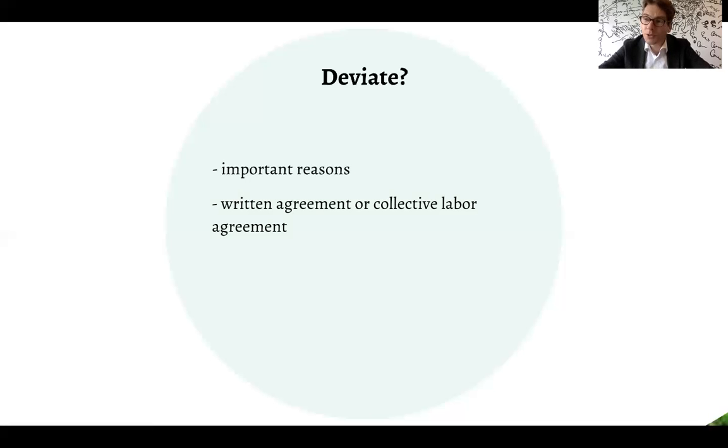Now, if your organization is not governed by a CBA, of course, then your only possibility is to fall back on a written agreement, and that should be an addendum or at least a written agreement with the employee. And in accordance with the text of the law, an employer has a lot of room here.